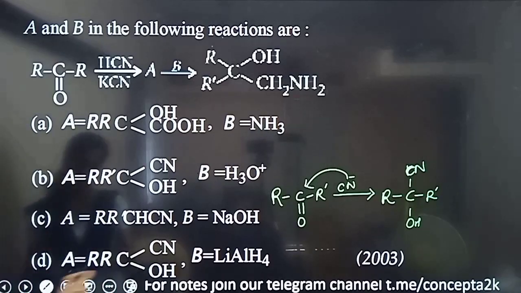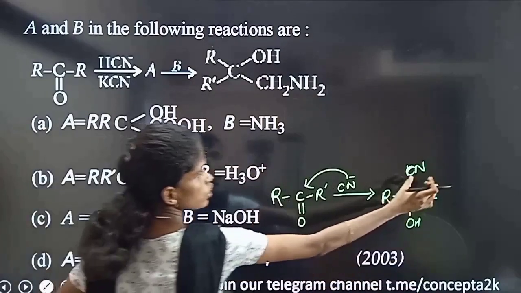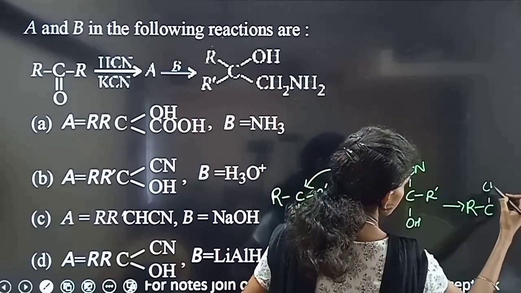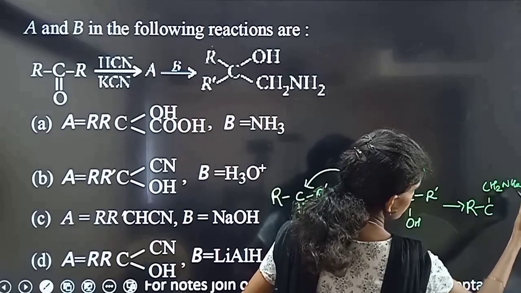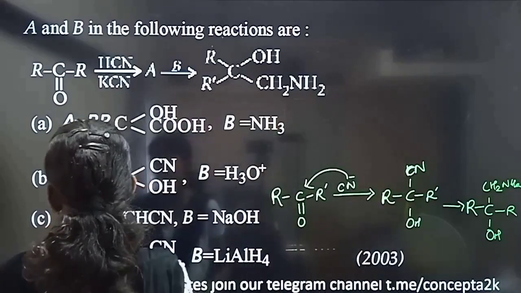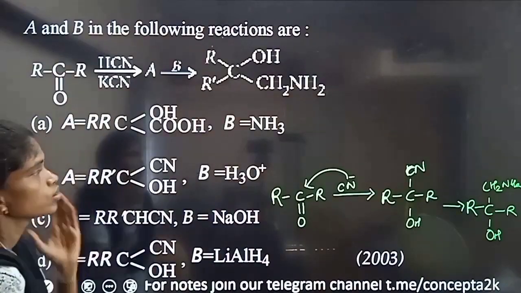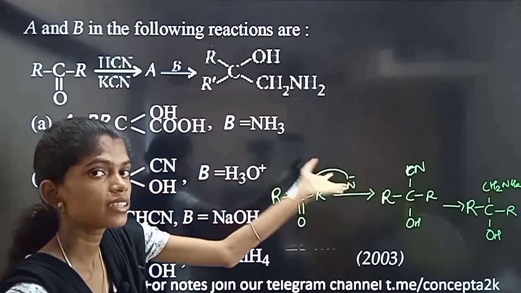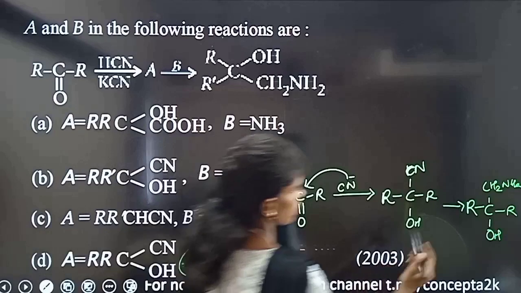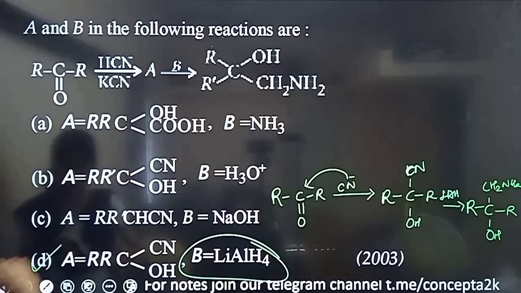This is A. For B, this part here is CH2NH2. So this part is reduced; cyanide is reduced to the amine part. So option B must be lithium aluminum hydride, a strong reducing agent. So option D is the right answer.